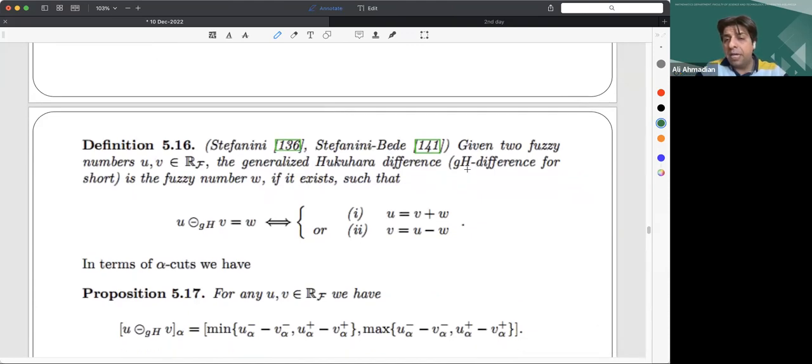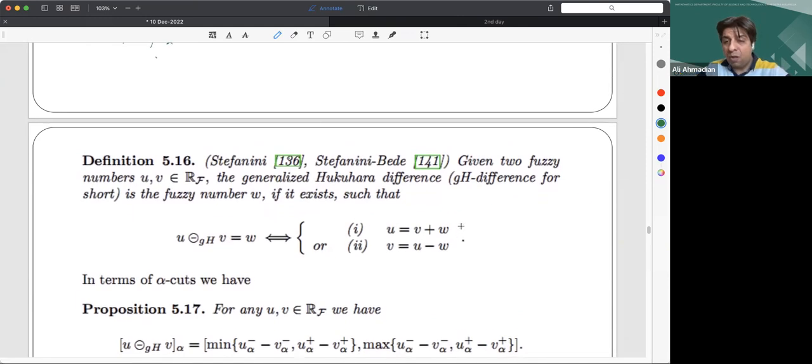They proposed not a new approach, but a revised type, called the GH difference, meaning the generalized Hukuhara difference. What this says is that U minus generalized Hukuhara, or GH, V equals W if and only if we have one of these types.